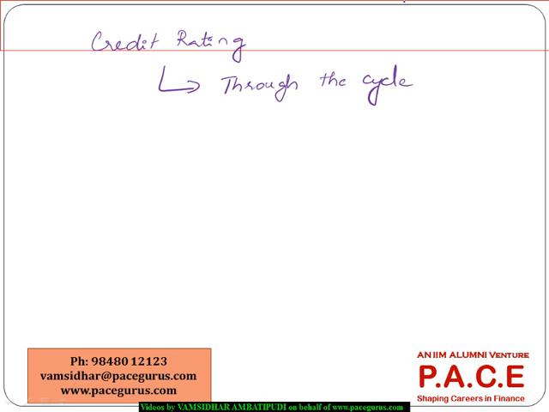It should not happen that when the market is booming the rating improves, and when the market is falling the rating falls. That should not be the approach of credit rating agencies, otherwise their credibility will get questioned. It should be for the entire loan cycle, not a better rating during the boom period and a worse rating during the real estate bust.